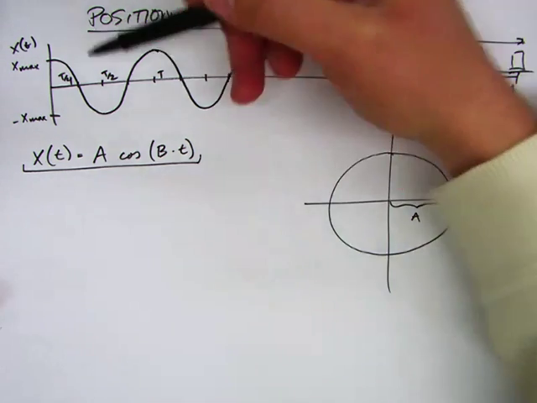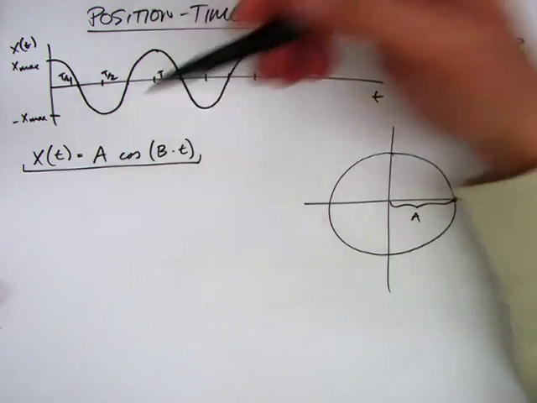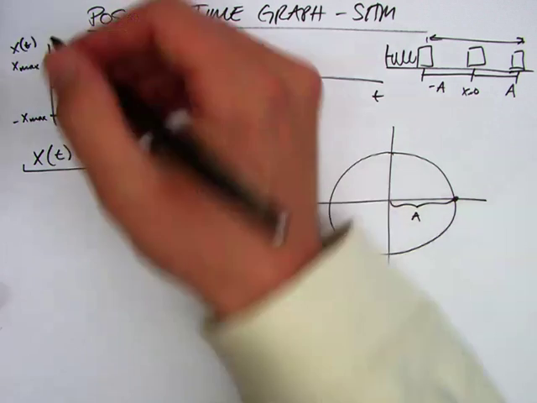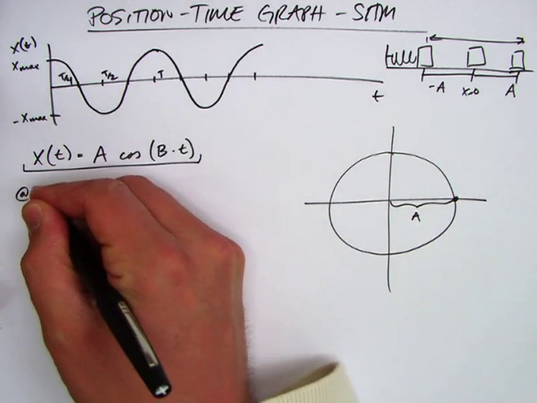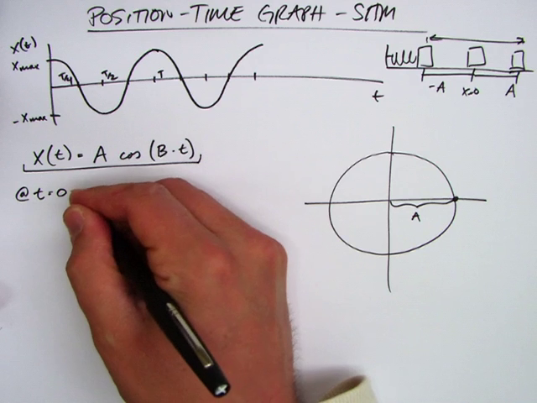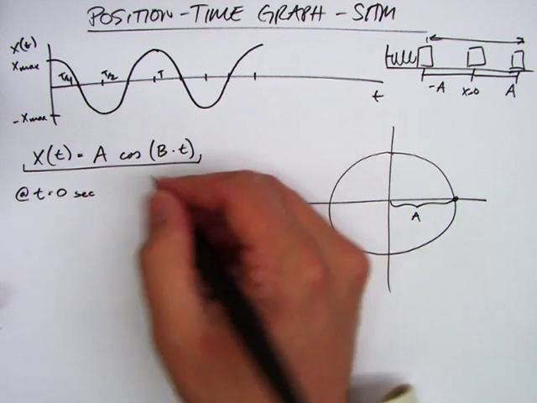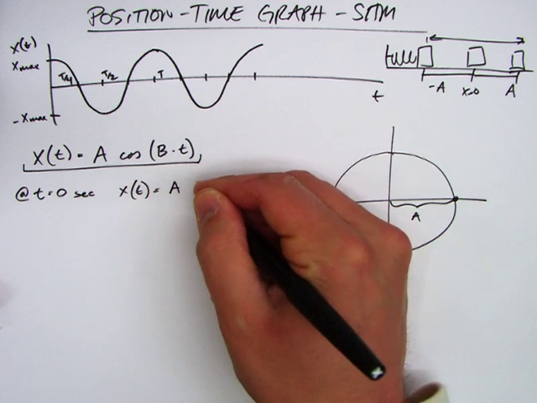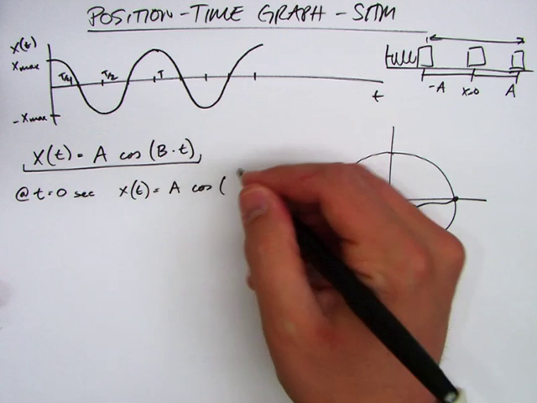So I see a couple things. One, I can see that this term is A, my maximum amplitude, which is x max, because at t equals 0, I have x of t equals A cosine of b times t. It doesn't matter what b is.